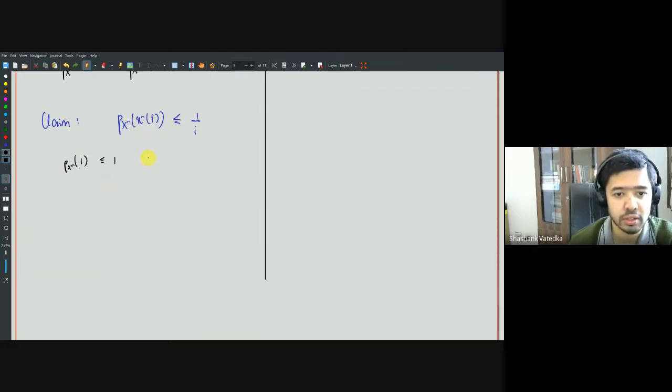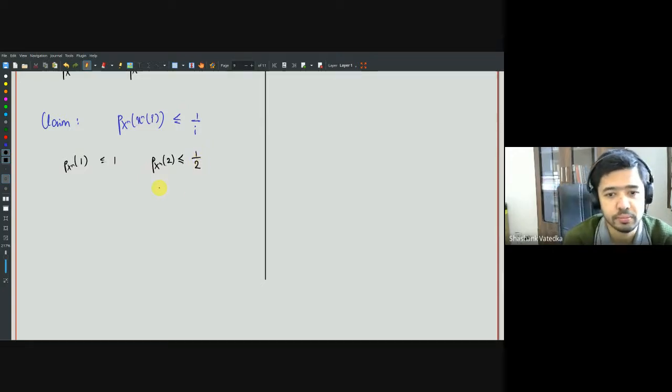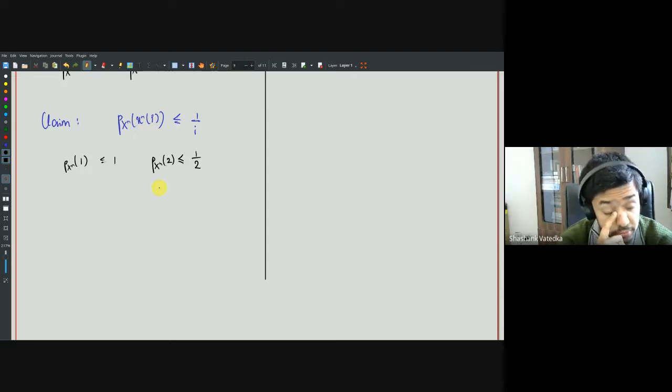Now I'm also saying that P_Xn of 2, the sequence with the second highest probability, should have probability less than or equal to a half. Why might this be true? What happens if it is greater than half? Can that happen?